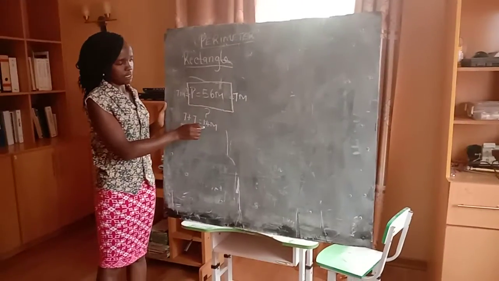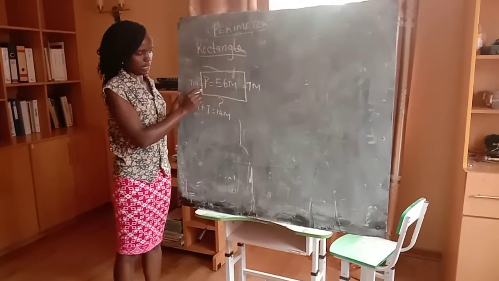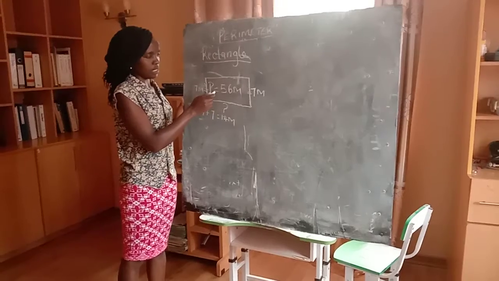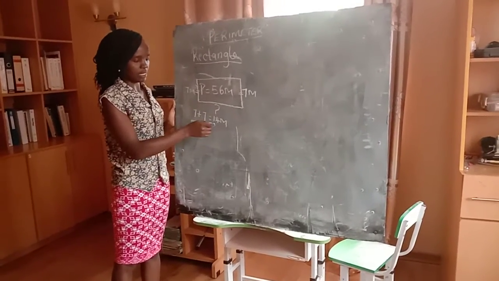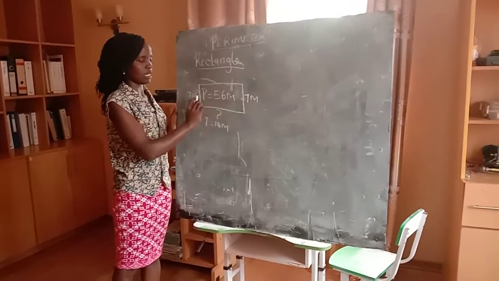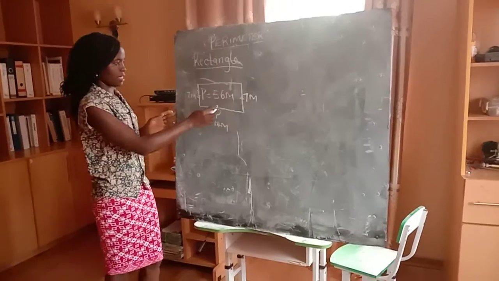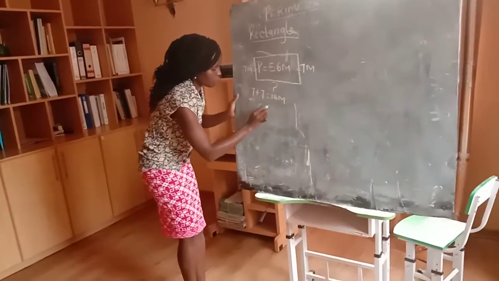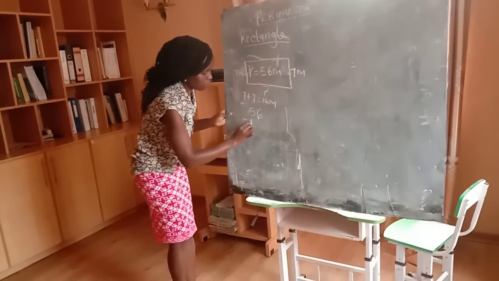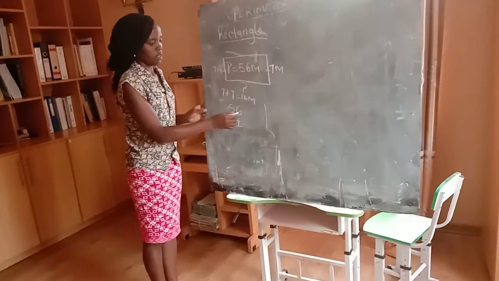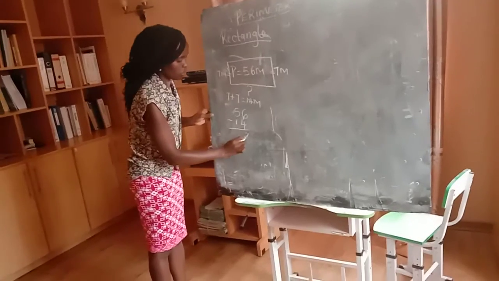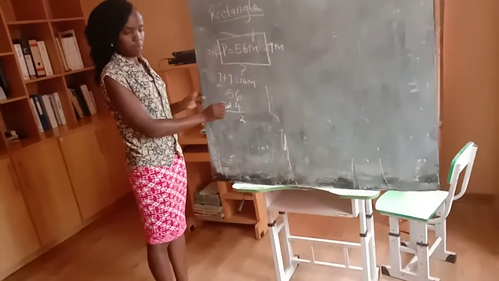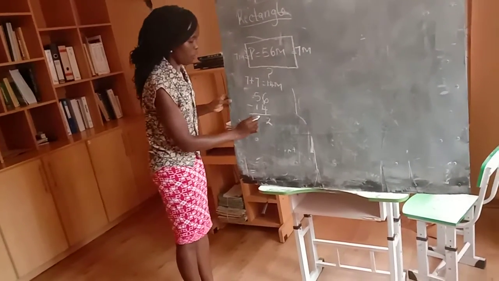So 14 meters is the sum of the width. We take the perimeter, we subtract the sum of the width of these two sides that we know to get the sum of the two other sides. So we get 56 minus 14. 6 minus 4 is 2. 5 minus 1 is 4.